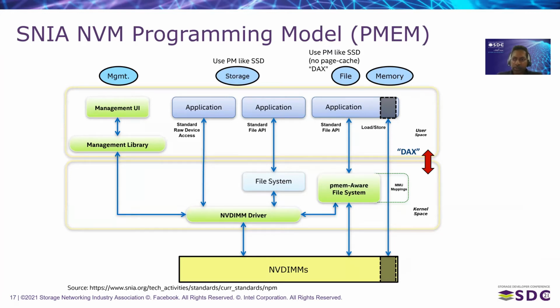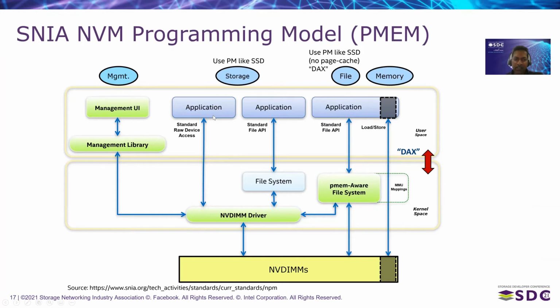This example shows the PMEM, but that scope includes broader NVM media management. It includes elements of how to manage the media through the management library and the API spec. And then it also includes the details of how applications can consume the NVM media using different block and load store semantics.